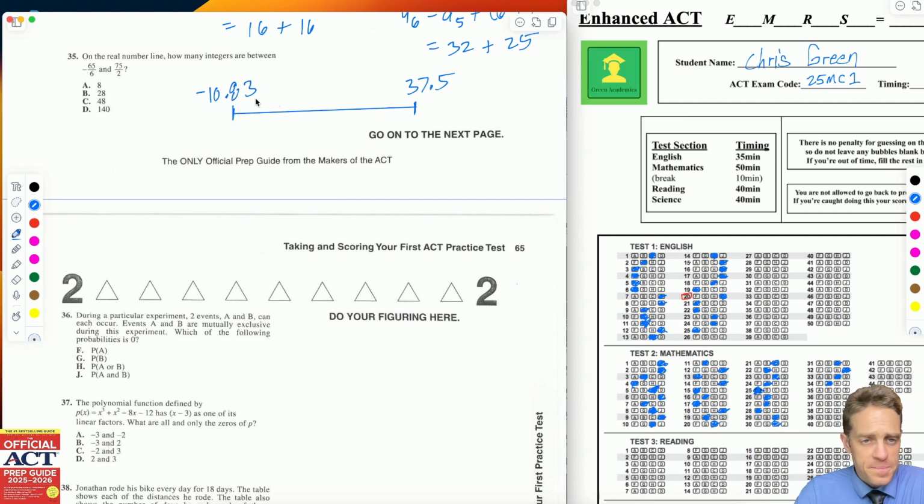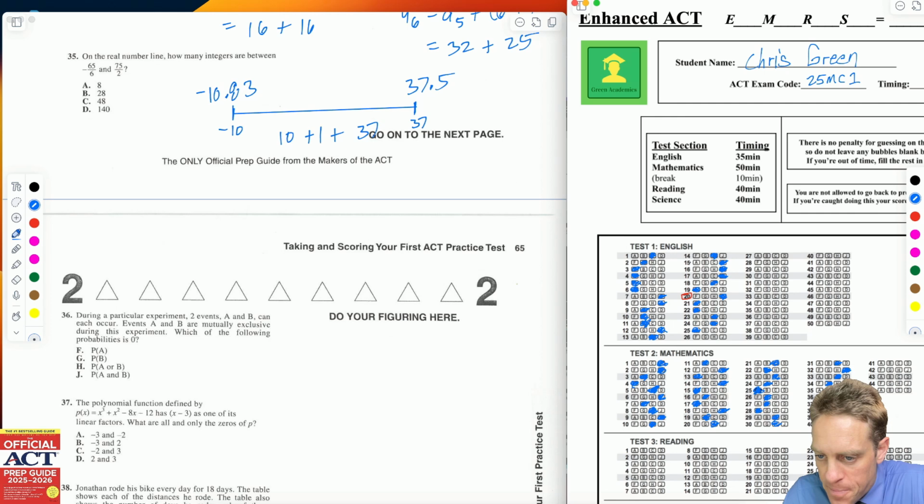So the first integer that's to the right of this is negative 10, and then obviously the first one to the left of this is 37. So there are 37 positives and 10 negatives, but then there's also 0. So it's 10 plus 1 plus 37 is 48. I was expecting there to be an answer choice where people forgot about 0 itself, but in this case there's not, so it's just C.